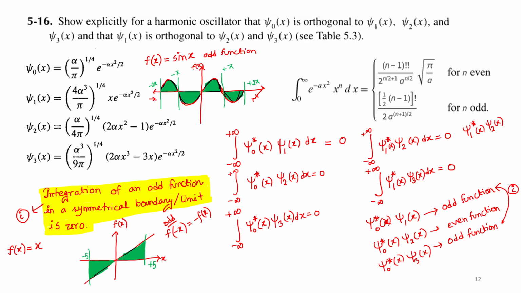You remember Gaussian functions are symmetric, or you can say they are even. But the polynomial will make it an odd function. The x cube term is going to be there, so when you change x to minus x, this is going to be odd. So this is also going to be odd.